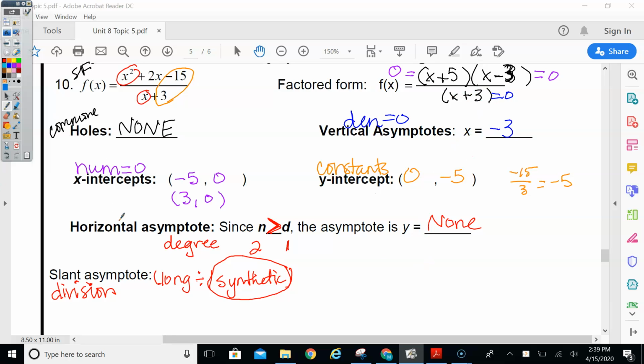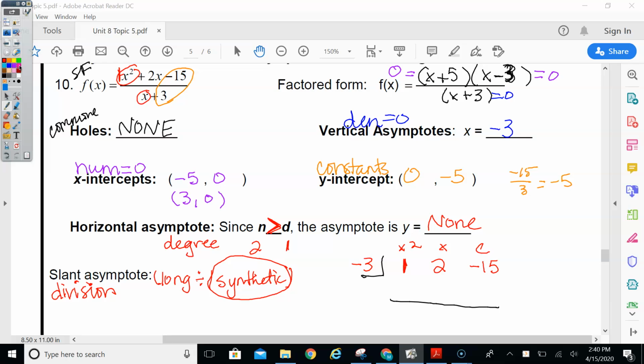So we'll get to review both of them here. Alright, so let's review synthetic. So we're going to divide. Remember, in the corner is the opposite of your 0. So you're going to put a -3 here for the denominator. That's what you're dividing by. And then you put the coefficients of the numerator: the squared one, the x, and then your constant. The coefficient of the squared is 1, the coefficient of the linear is 2, and the constant term is -15.